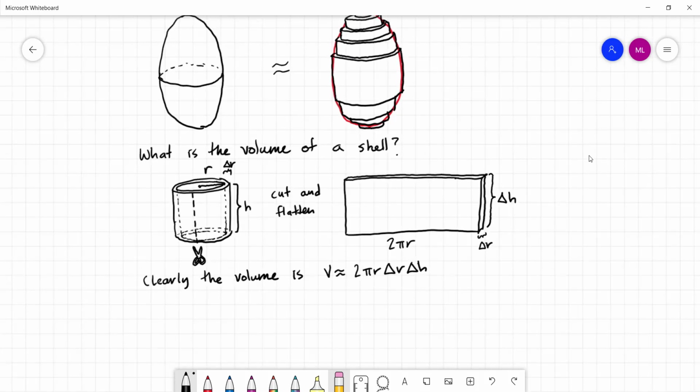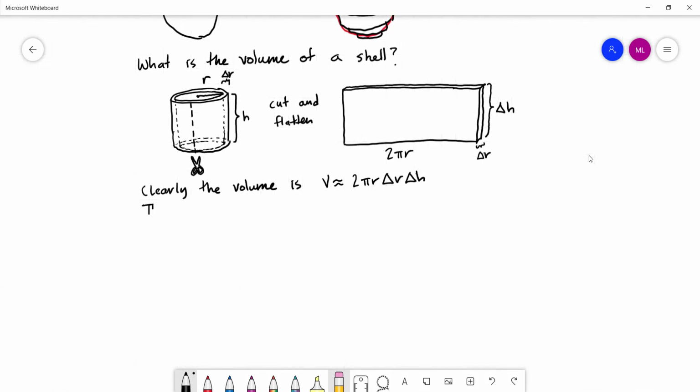So the value of R and delta H both depend on the position that we're looking at. Both of those are going to ultimately be functions. So let's look at an example and see how we might put something like this together.